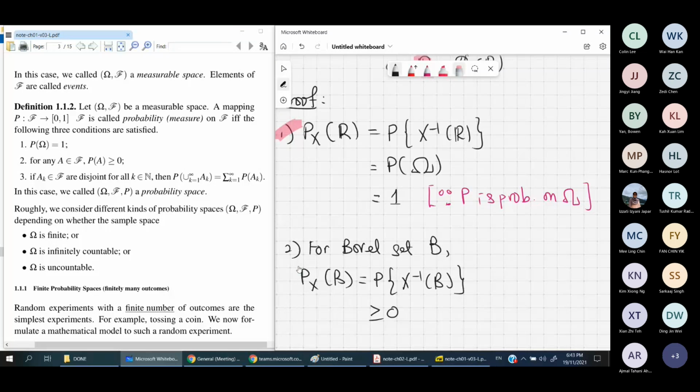This is simply because P is a probability on omega, and X inverse of B is an event in F.